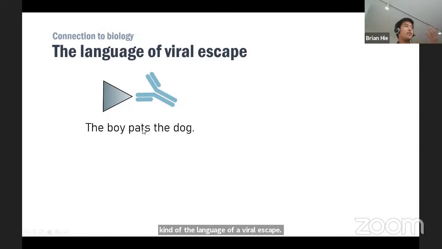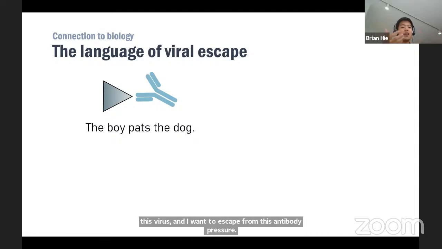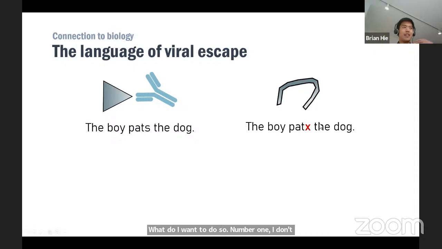Say you have some initial protein and it has some initial antibody that's recognizing it. If I'm this virus and I want to escape from this antibody pressure, what do I want to do? Number one, I don't want to mutate myself so that I die, or that the protein misfolds, or I lose infectivity.